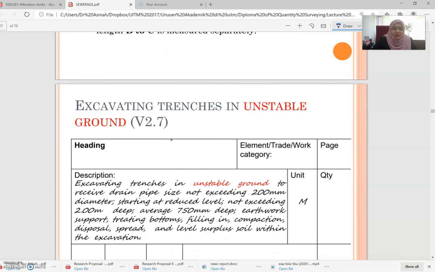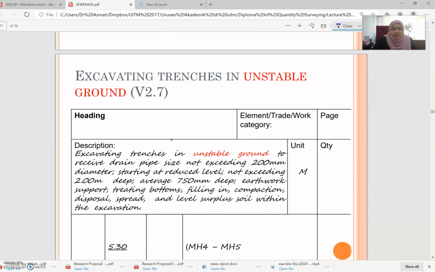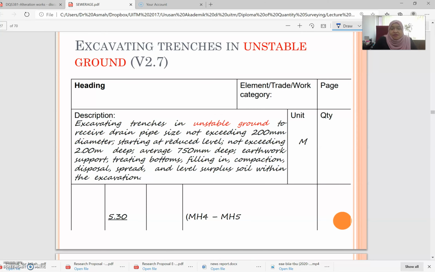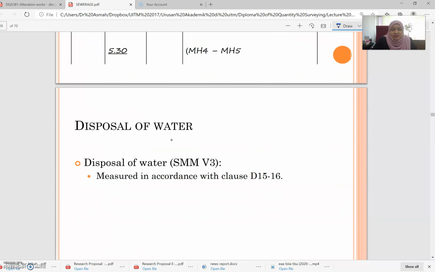This is an example of heading: excavating trenches in unstable ground, and the rest are the same. Just tell them that it's unstable ground because, again, the way they deliver the work will be different, or necessary precautions need to be highlighted.